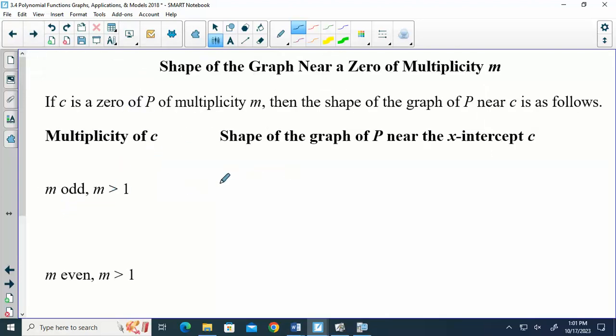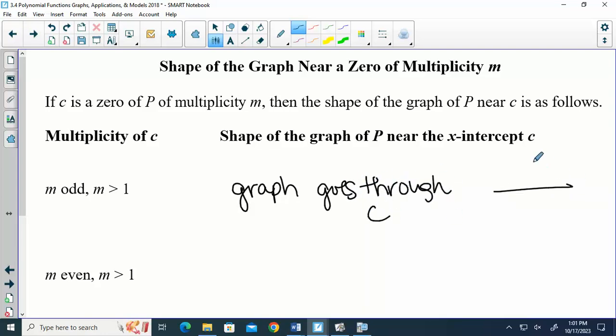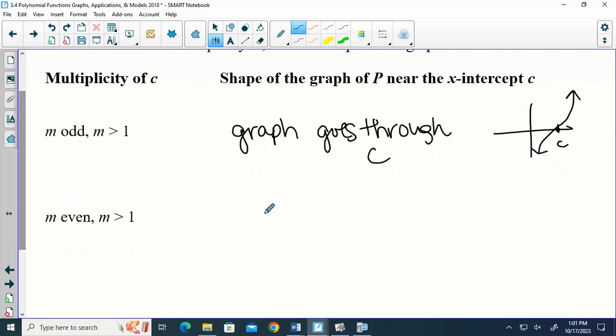So if you have an odd 0, the graph goes through that number. So we have some x-intercept c. It's a 0, so we know it's an x-intercept. Our graph's going to hit it and just keep going through. Okay, for any odd multiplicity.